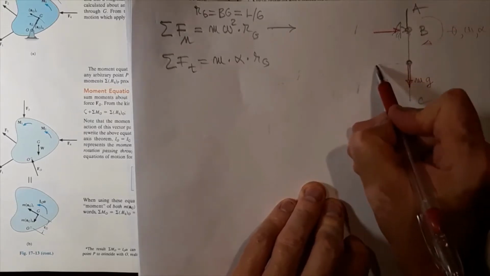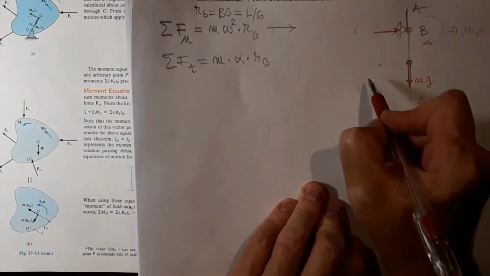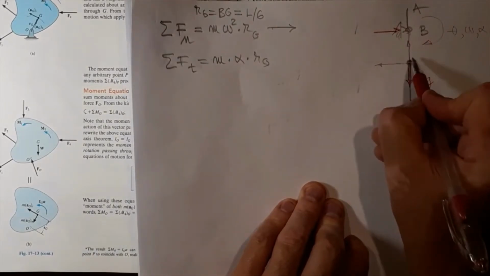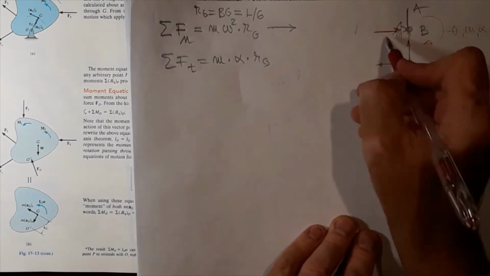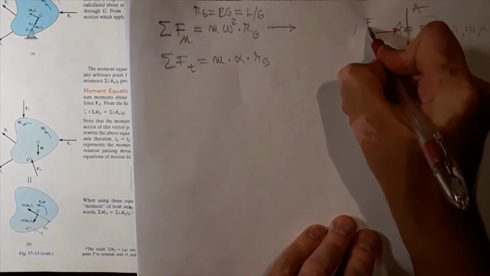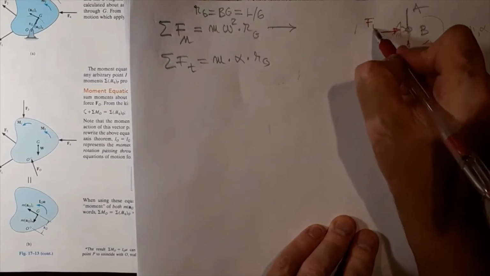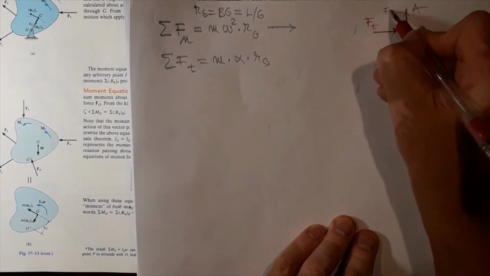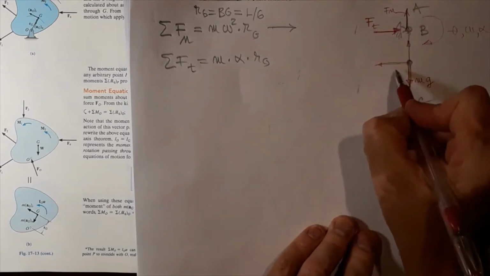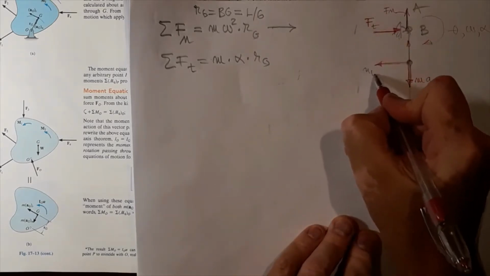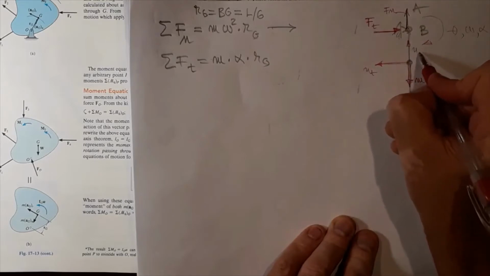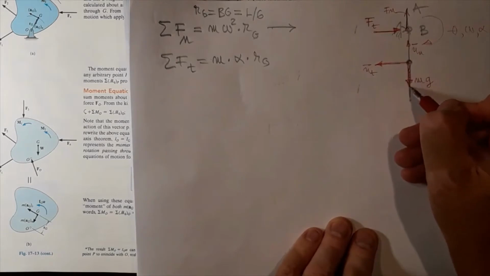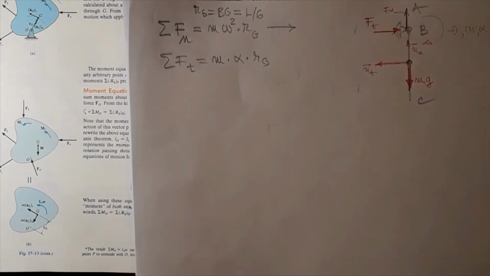So we have a tangential direction, and then the normal direction would be this one. I'm going to say force in the tangential direction, force in the normal direction, and these are unit vectors ut and un. The external force would be gravity.